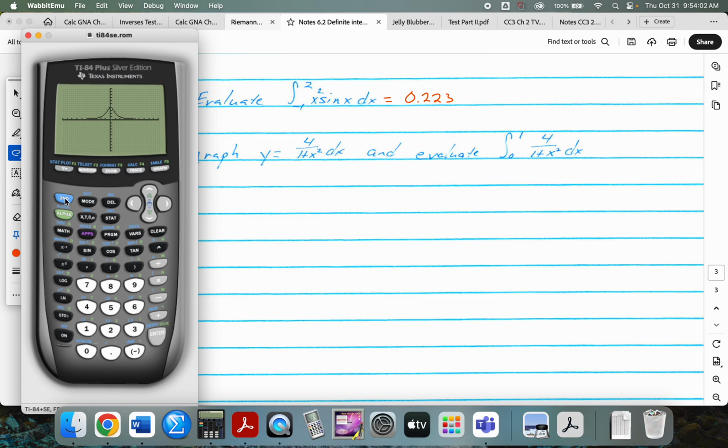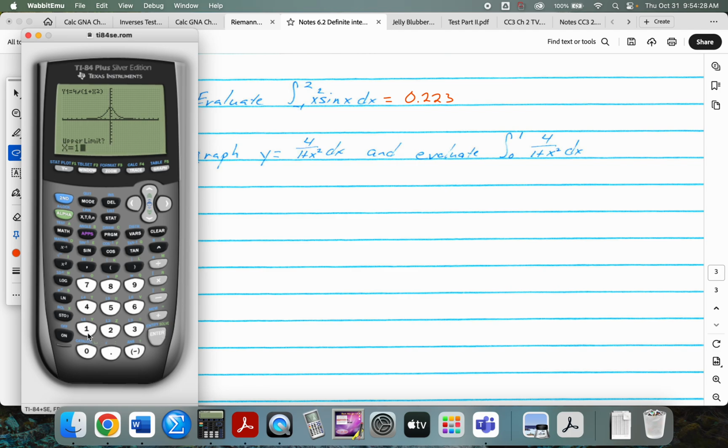If you do second trace, which gets you into your calculate menu, notice number 7. Probably never noticed that. By the way, you can also do the numeric derivative from your graph screen. We'll go down to number 7. And it asks for the lower limit, that's 0.